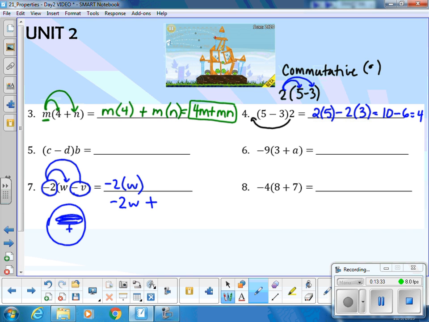So I'm going to take those 2 negatives, make it a positive. Now I just have 2 times V, which is 2V. Or if you forget that integer rule and you're just writing this out, you can write minus a negative 2 and V. And then if you look here, you've got those double signs. You're going to change them into an addition problem. So I'm going to let you guys go ahead and do 5, 6, and 8 for your Edmodo.